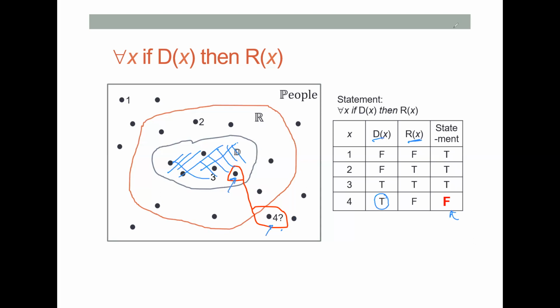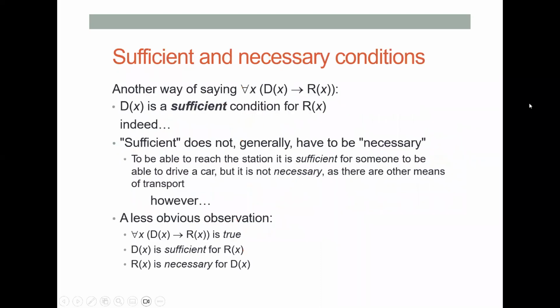So now this is for all x, if x can drive, then x can reach the station. Now let's consider the sufficient and necessary condition. We already studied this before when we were dealing with propositional logic, and for predicate logic it is the same way.